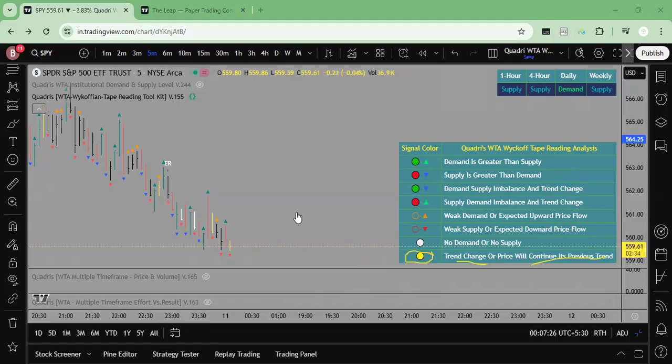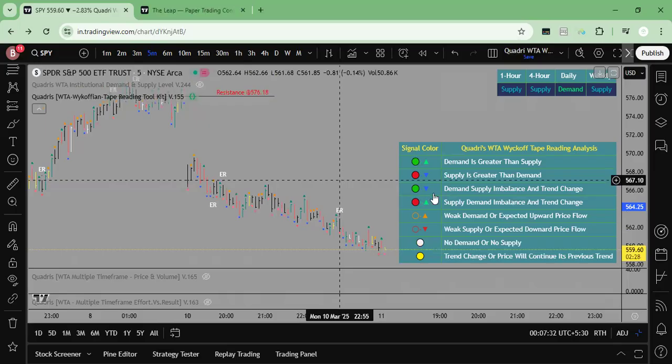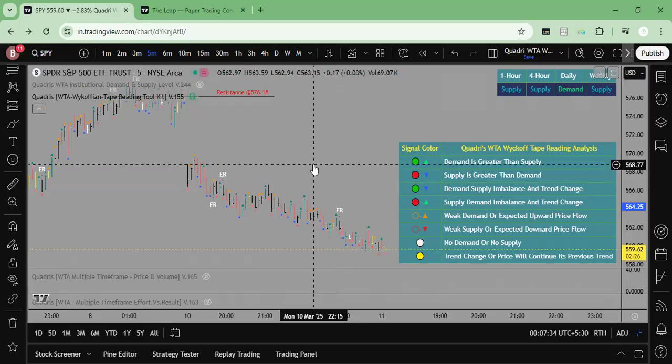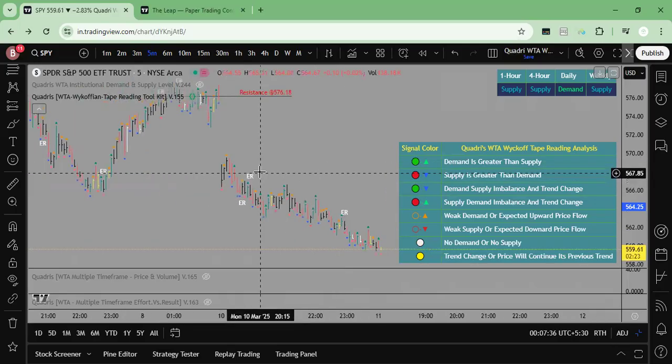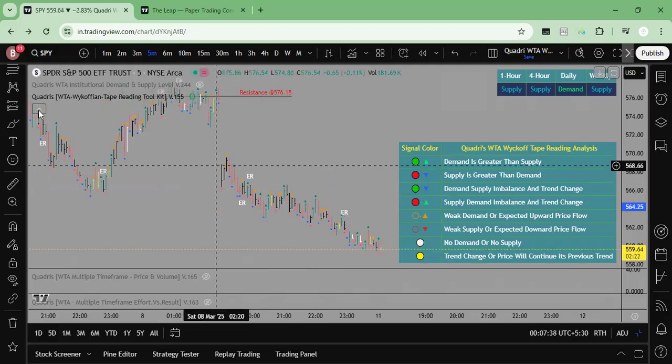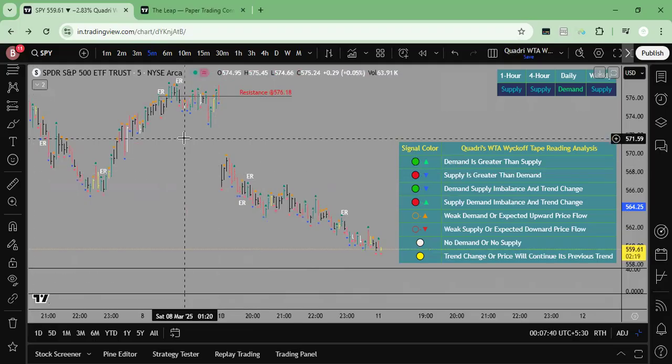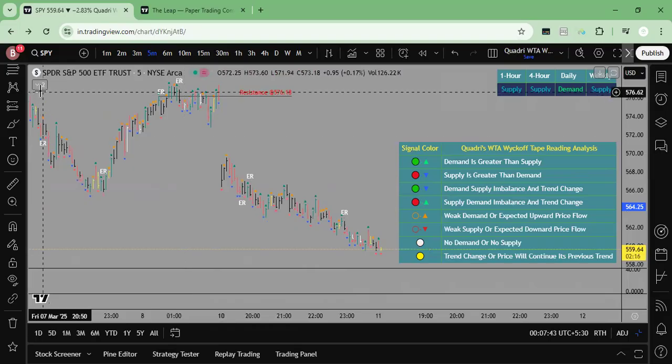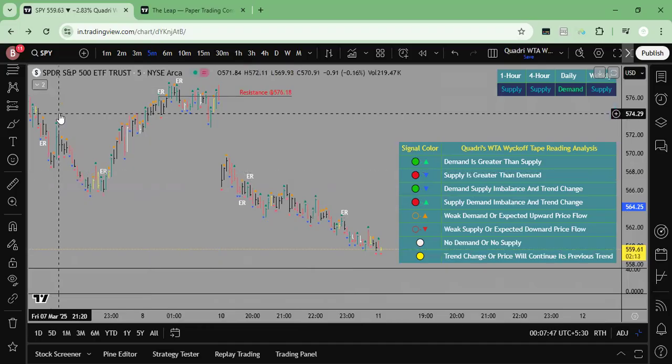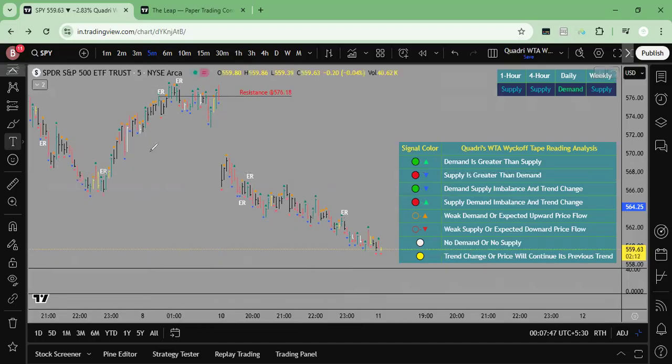I will keep this dashboard available, I'll try my level best, so that I am in a position to see the bars also. Okay, so now I have hidden the indicators tab. We are going to observe this particular price action.